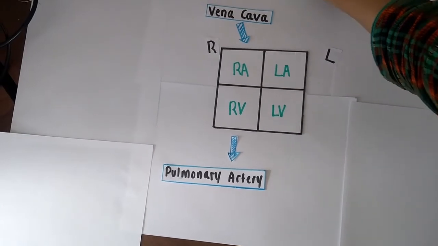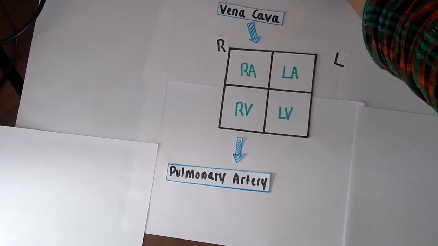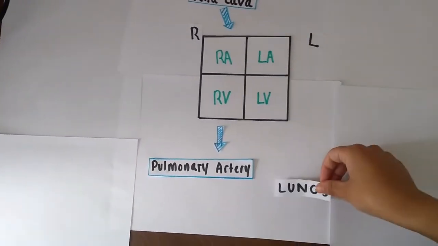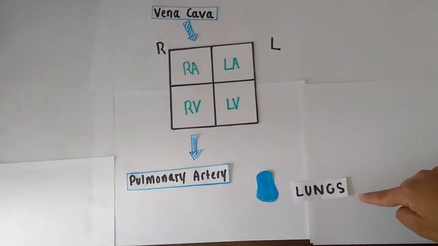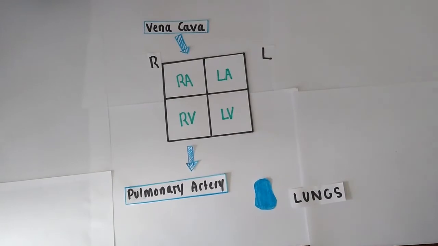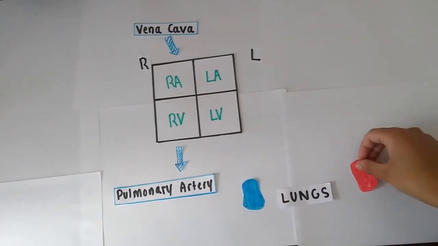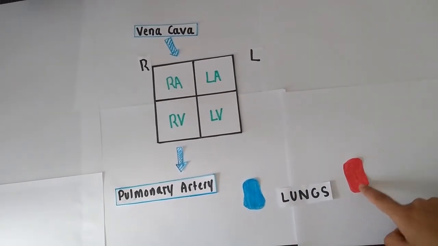So that carries deoxygenated blood to the lungs, and when it goes through the lungs, it turns into oxygenated blood.